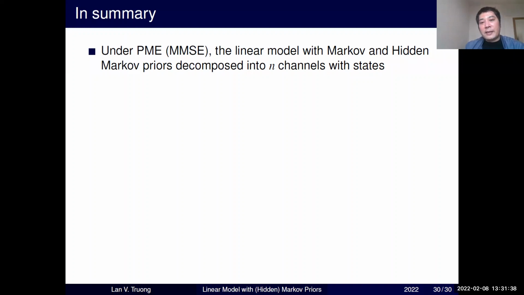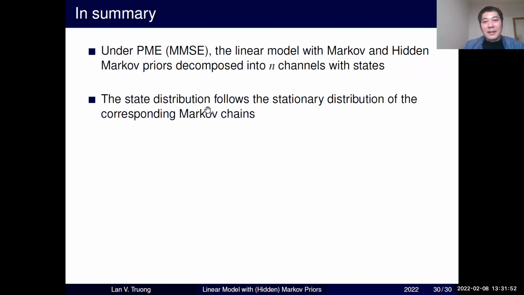It means that we assume the state is available at encoder and decoder. If you work with information theory, you will be very familiar with channel with state. And the state distribution follows the stationary distribution of the corresponding Markov chains.